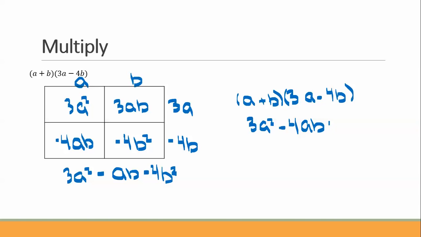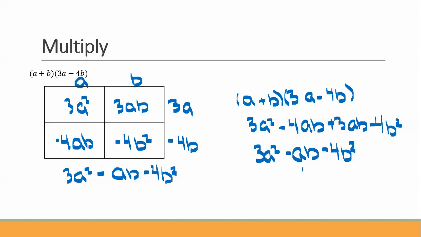B times 3A is plus 3AB. And B times minus 4B is minus 4B squared. So this is the inside of this box here. Then again, we combine like terms and have 3A squared minus AB minus 4B squared.